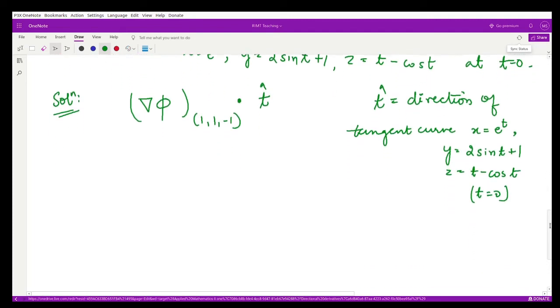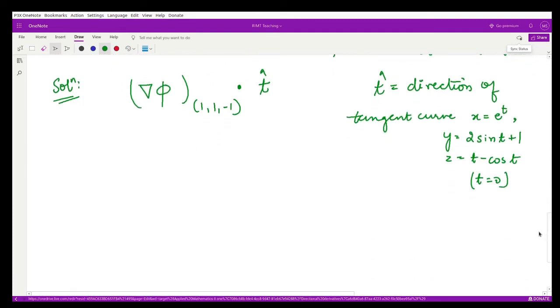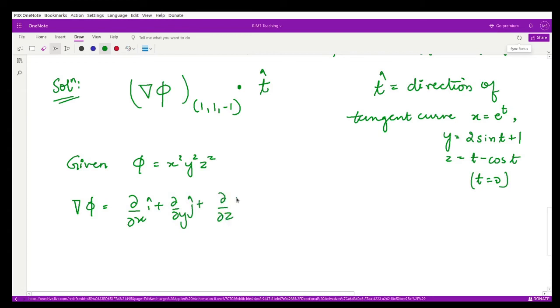First, we have to compute the gradient of the surface phi. We are given phi to be x square y square z square. So the gradient of phi would be del by del x i cap plus del by del y j cap plus del by del z k cap of this phi.